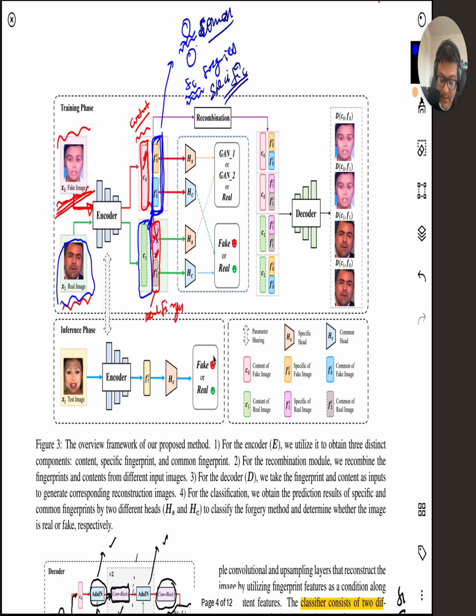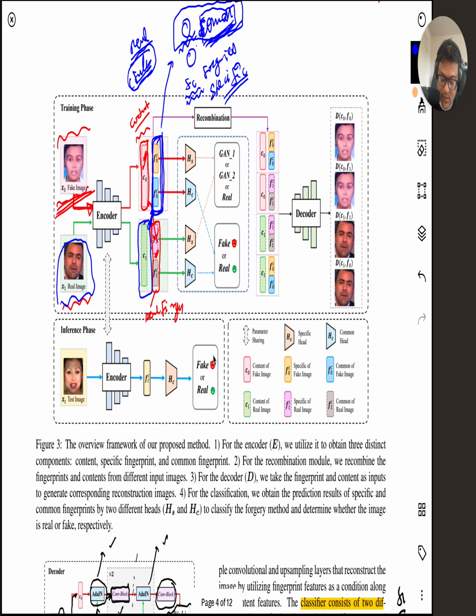So the key point is that if you take a lot of data which is real, then all of its common features should be close to each other. And if you take the data which is fake, all of the fake data features should be close to each other, right? So they apply this constraint to the common features.